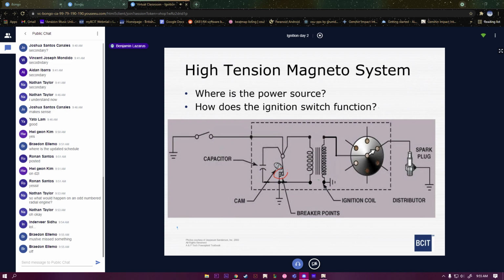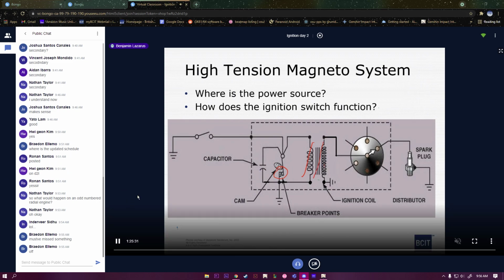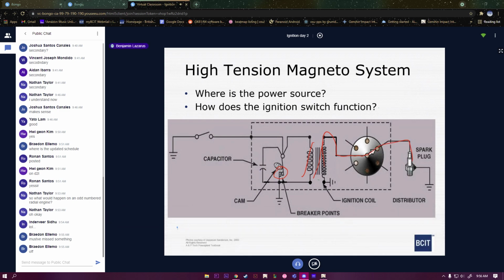These breaker points are key to this system. They trigger the spark. When they open, we collapse this. So we stop this circuit, we collapse the magnetic field, and we induce a spark. What happens when I open these breaker points if this switch is closed? I've got electrons running in a circle here.